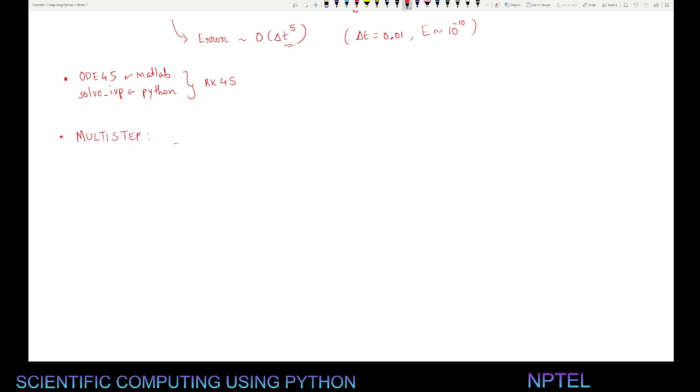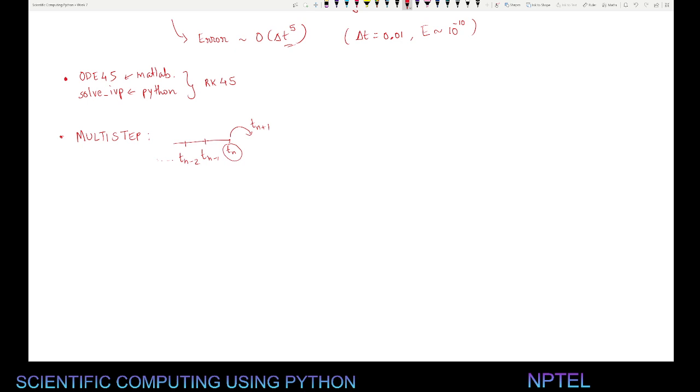The idea is that to predict what happens at n plus 1, you don't just look at Tn, but you also look at Tn minus 1 and possibly Tn minus 2, etc. So the past is something you take into account. Okay, it's like a Markov chain, if you know what I mean.